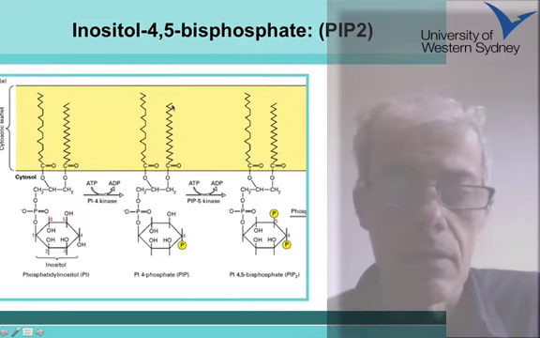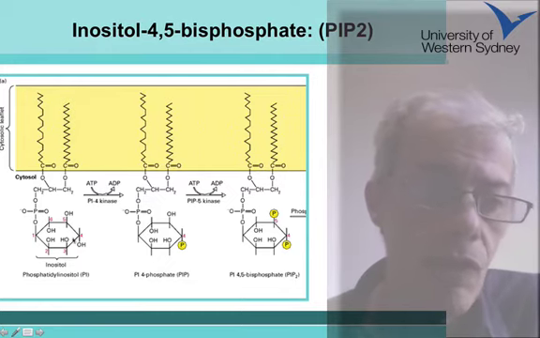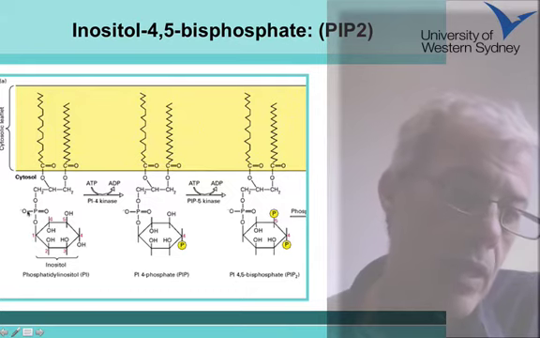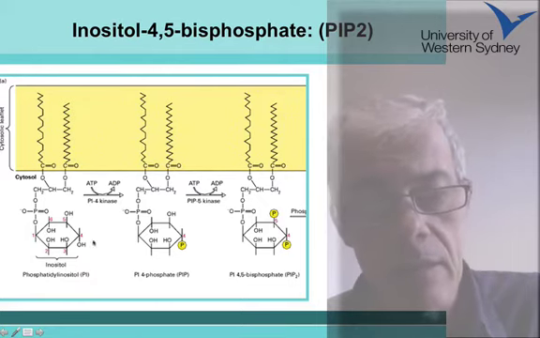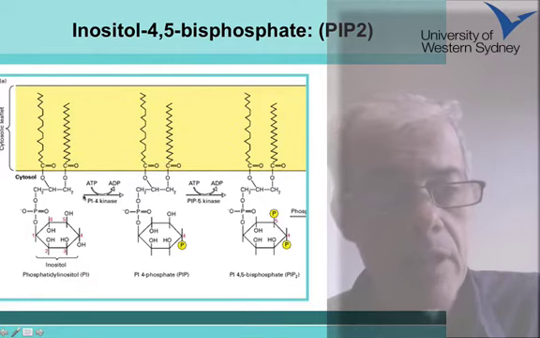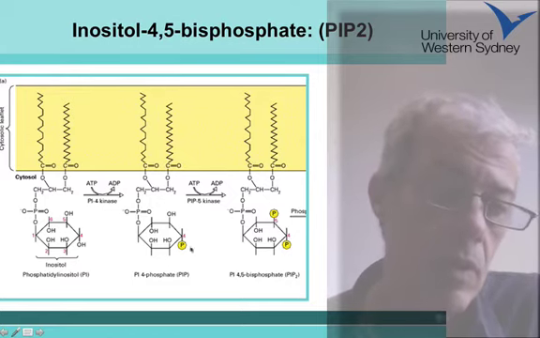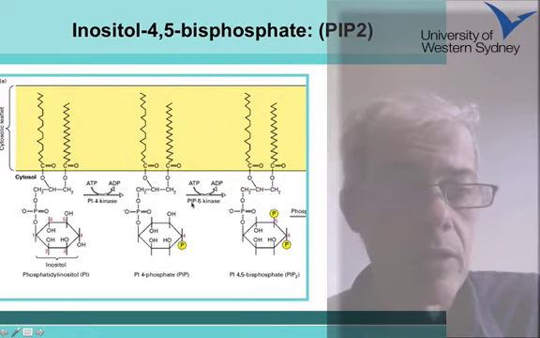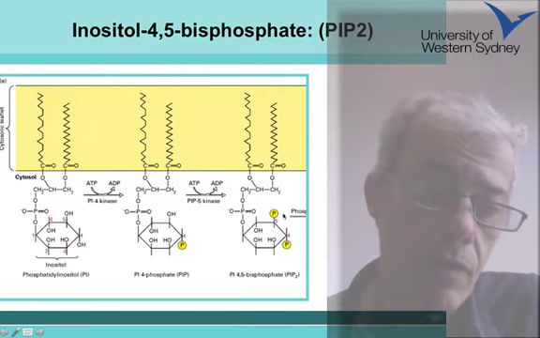Now here's a little diagram which shows the sequential phosphorylation of the inositol sugar. In this case we have a plain inositol lipid, and we have an enzyme activity, PI4 kinase, which phosphorylates on the 4 position, and we have a phosphatidylinositol phosphate 5 kinase, which phosphorylates on the 5 position.